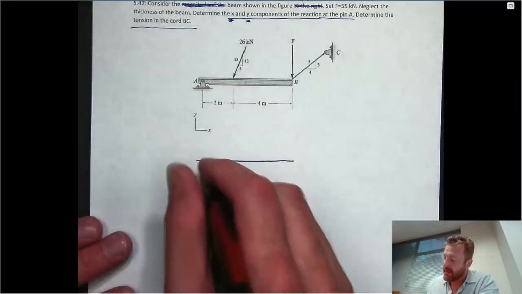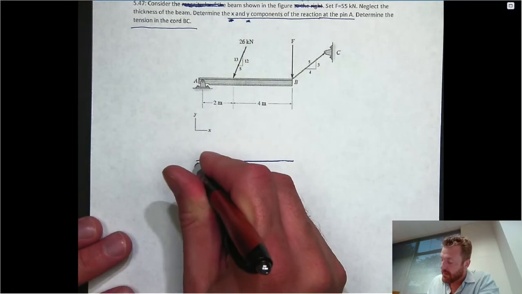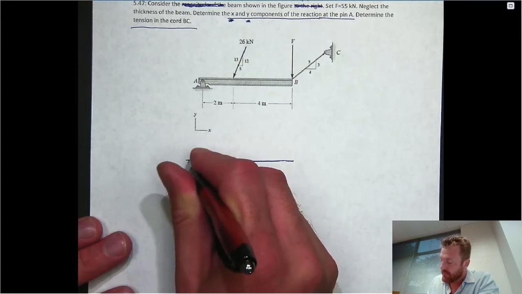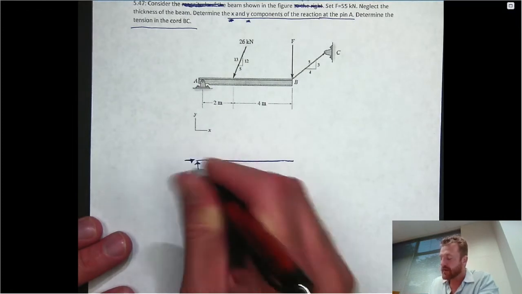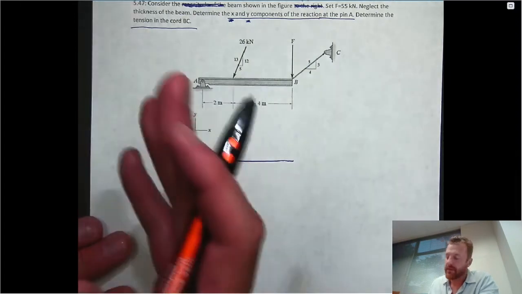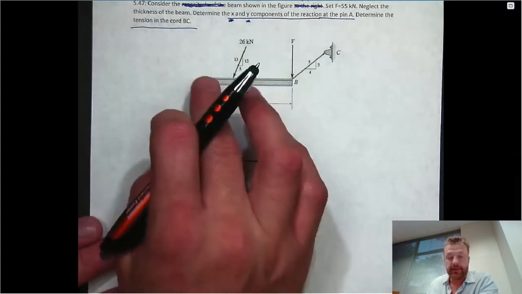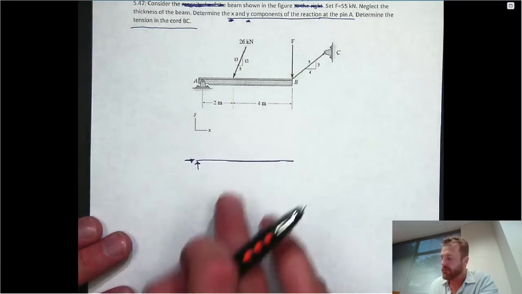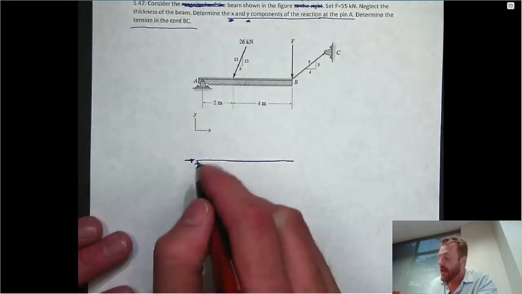So remember that this pin has the capability to push the beam up and push it to the right. Now, of course, we don't necessarily know, although we can through physical intuition, that what this pin is doing is pushing up and not pulling down, or pushing to the right and not pulling to the left.